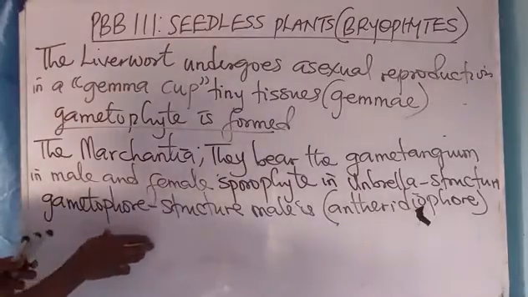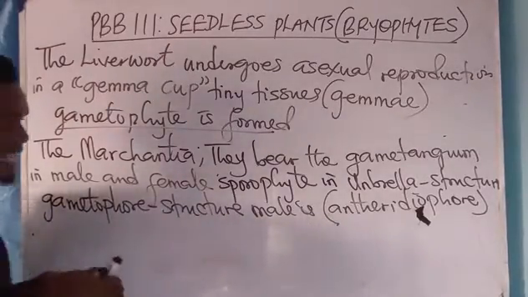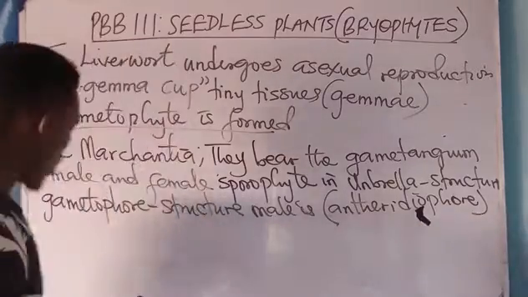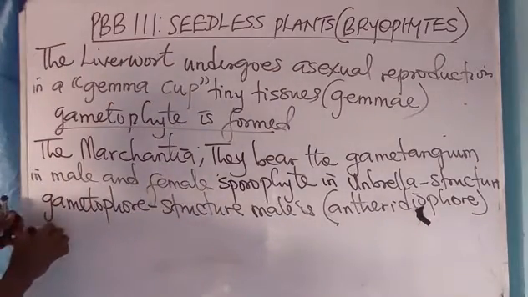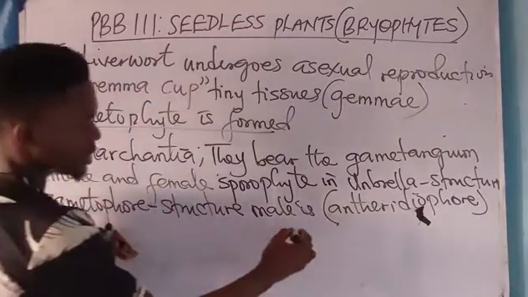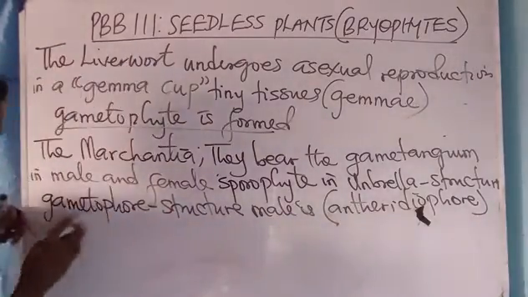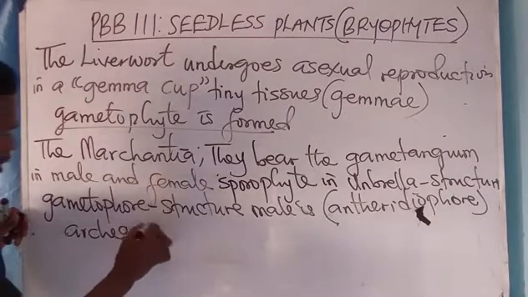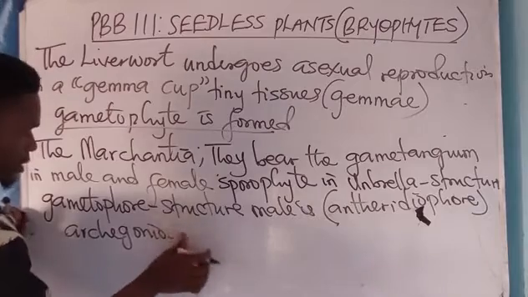The gametophore structure in male is what? The antheridiophore. While the gametophore structure in female is called what? Archegoniophore.